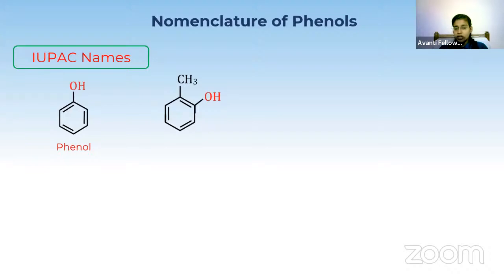Because according to the IUPAC, if there are more than one substituent, we have to number the atoms. The OH attached carbon should get number 1 and the methyl attached carbon. So now we have methyl group in the second position. So it is called 2-methyl phenol. 2-methyl, and this part is called phenol, right? So it is 2-methyl phenol.